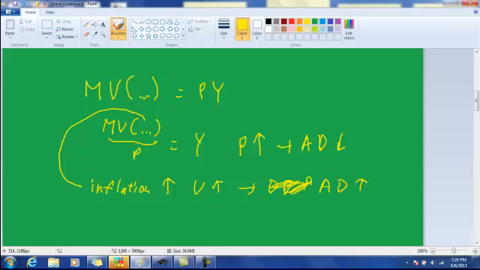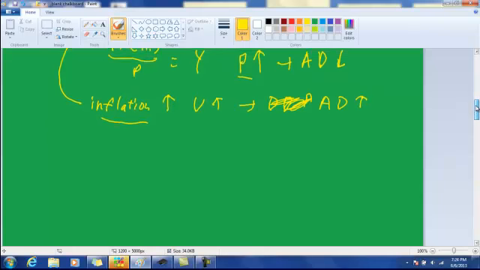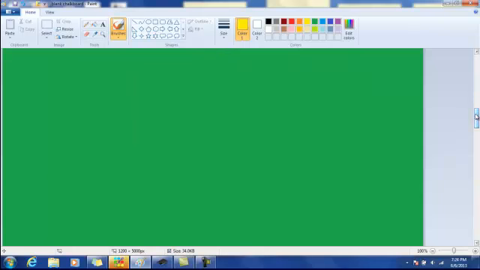We have a downward sloping aggregate demand curve with respect to the price, but we have an upward sloping aggregate demand curve with respect to inflation. And so this is why you don't see the aggregate supply, aggregate demand analysis done with inflation here.